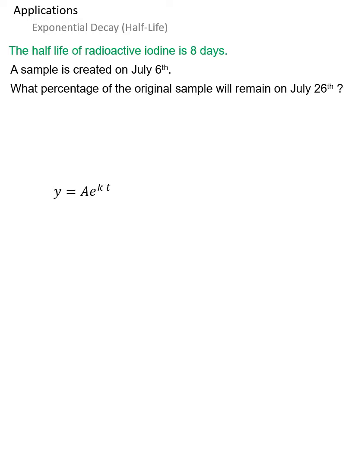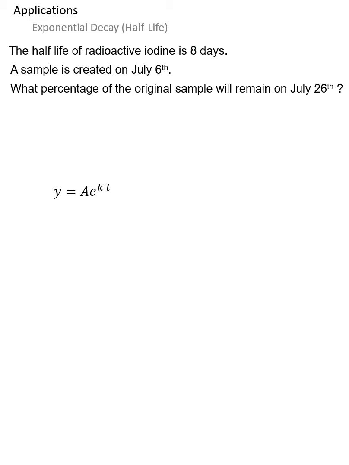So let's talk about the variables. Y, in this case, is going to represent the percentage of the original sample that remains on any given day. T is going to be the day number. A and K are going to be constants particular to this problem that we don't know yet. And E, of course, is approximately 2.718.